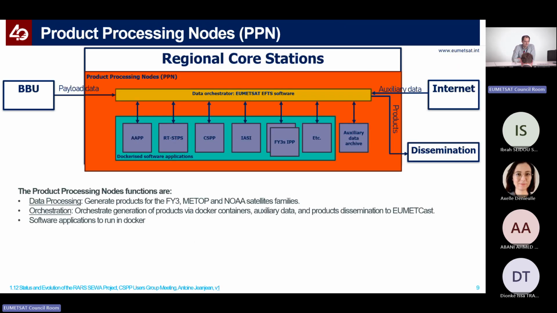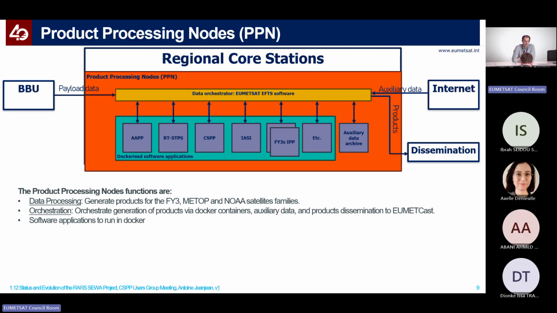All right. Then for the data processing, similarly to this morning, the design is to reuse EUMETSAT knowledge. So there will be payload data coming from the BBU. This server will have internet access. So you see there will be some modification from EUMETSAT, where there is no internet access.